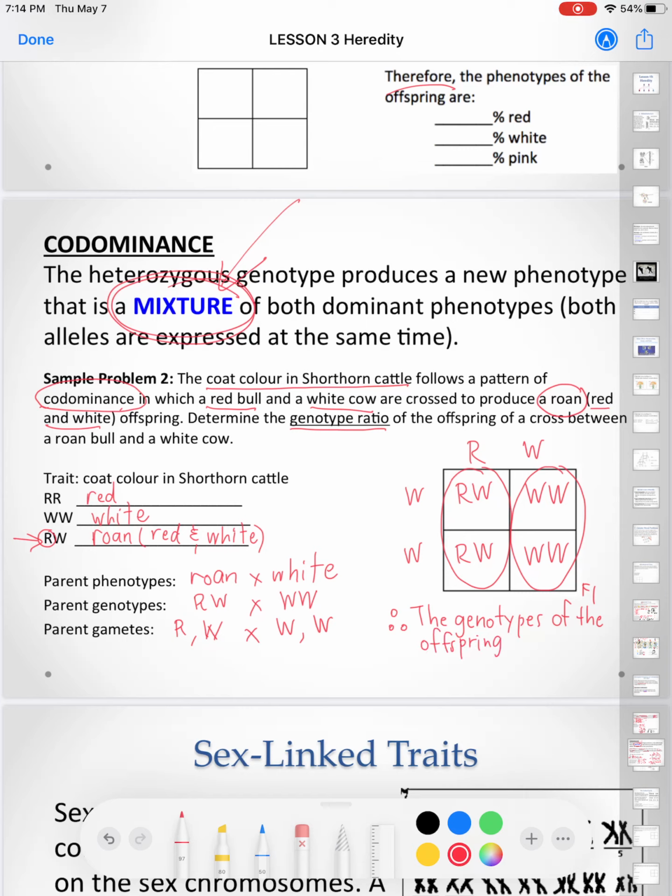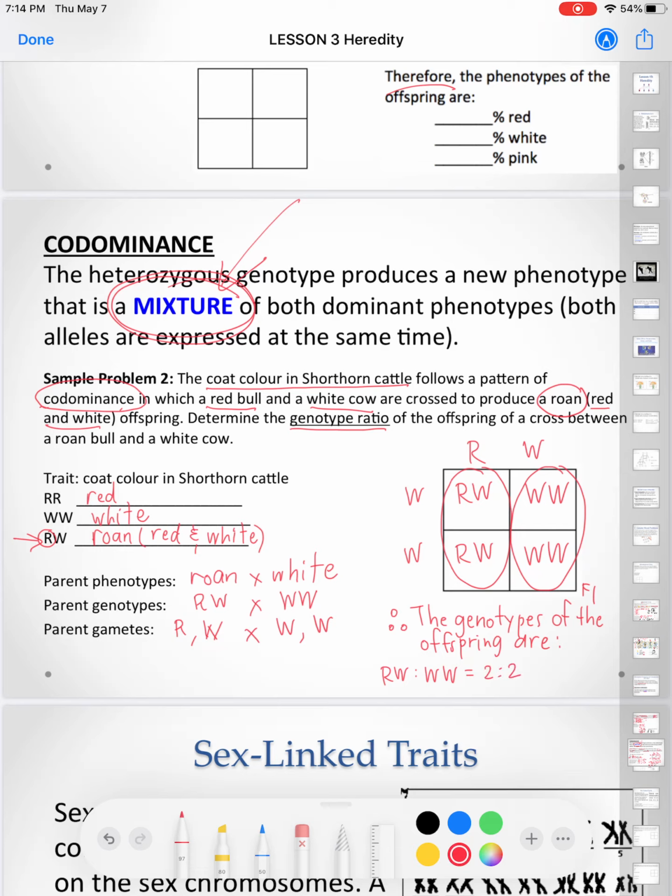Now the question didn't actually say, oh, it does say ratio, so let's do that. I haven't showed you that yet. Okay, so now we are going to put the 2 different options that we have for our offspring, and we're going to put that as a ratio.